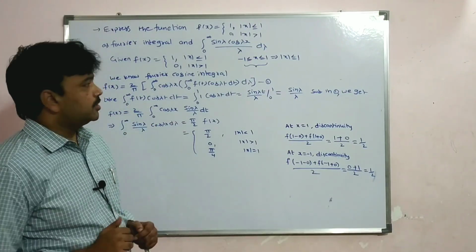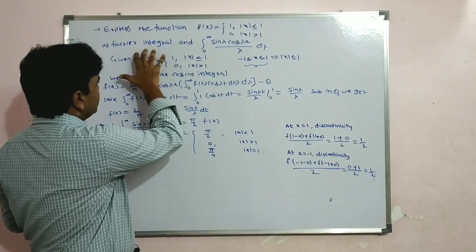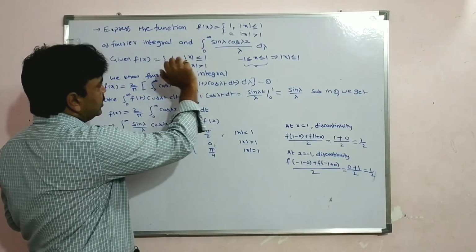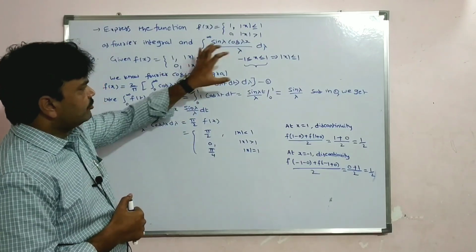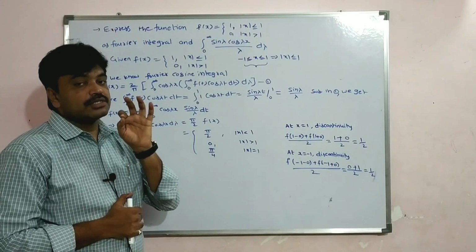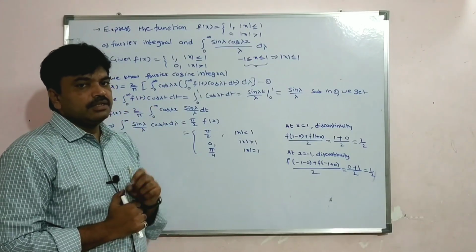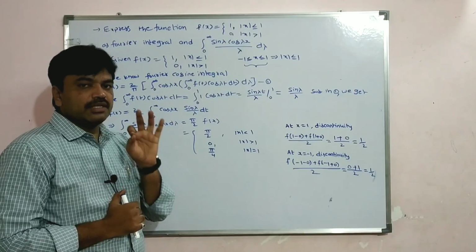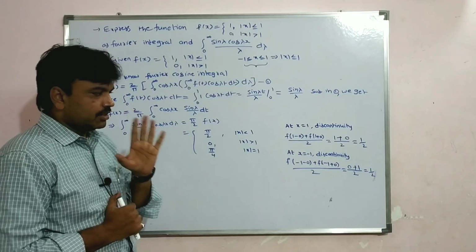Now once again, students, he gave a function and says to express it into a Fourier integral, and he gave an integration, find the value. First I am observing this integration. There we have a cos lambda x, so it is a Fourier cosine integral.